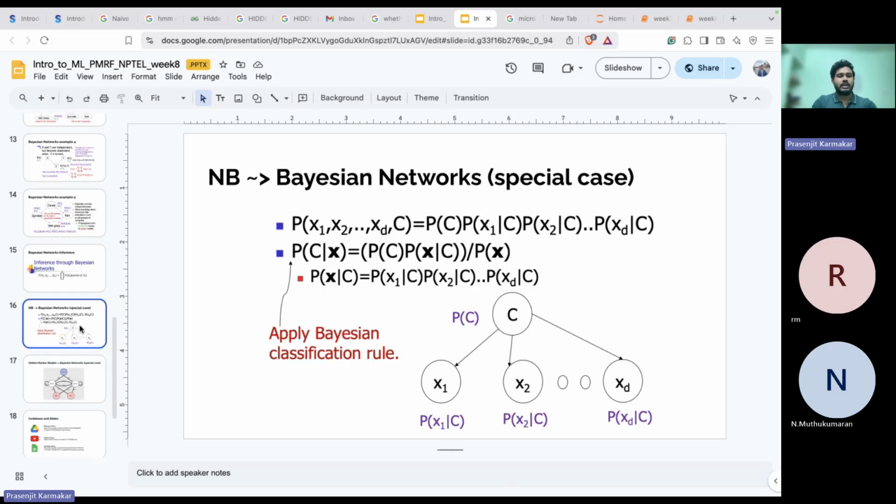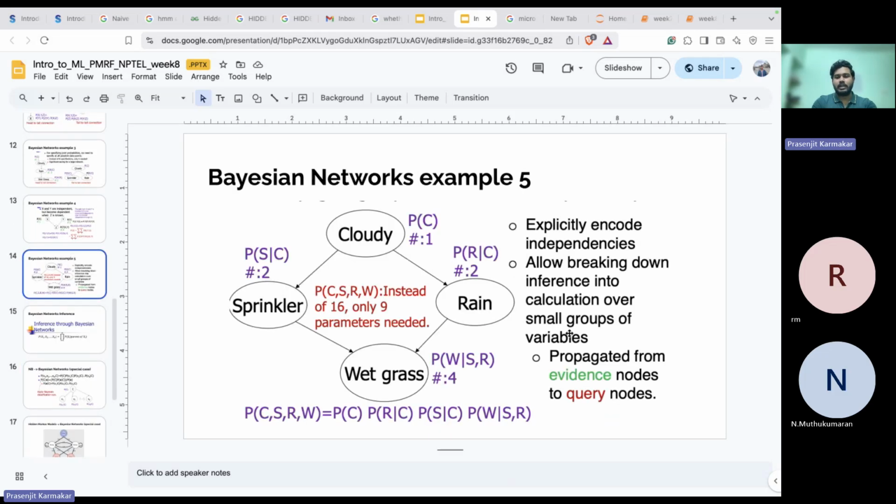But anyway, today's topic was how we can represent this naive Bayes classifier as well as this type of numericals, and they're very common in exams, so practice them.